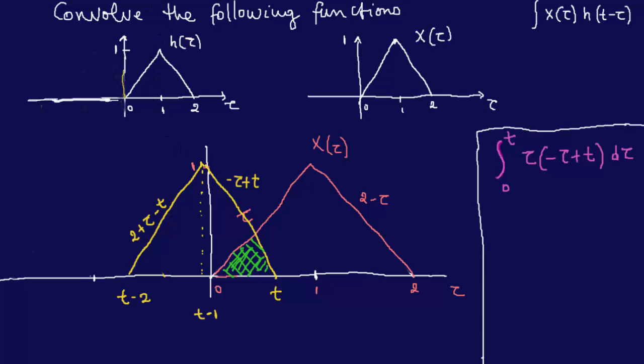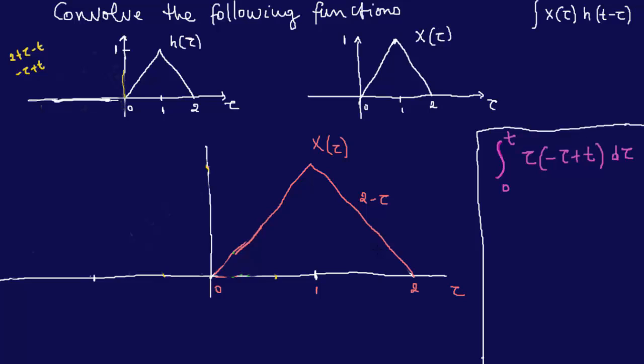So let's erase. Okay, so let's keep moving with the yellow, h of tau minus h of t minus tau. Now we move the triangle again, so we are going to be somewhere here where we're not crossing the point of origin.